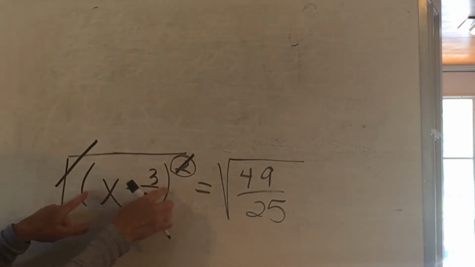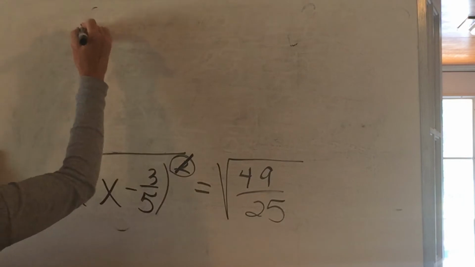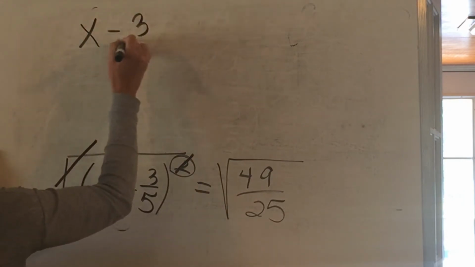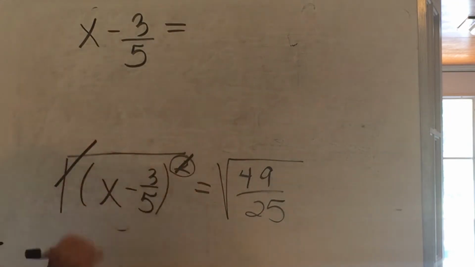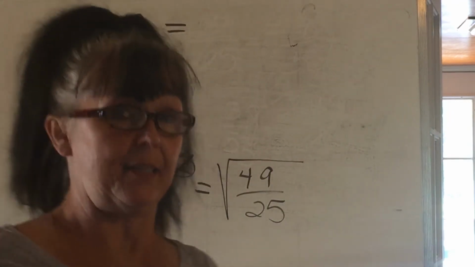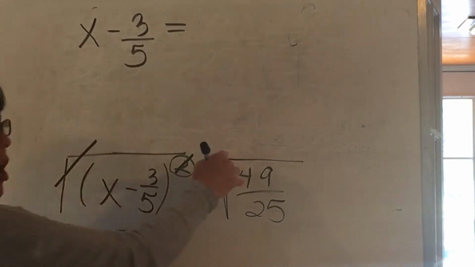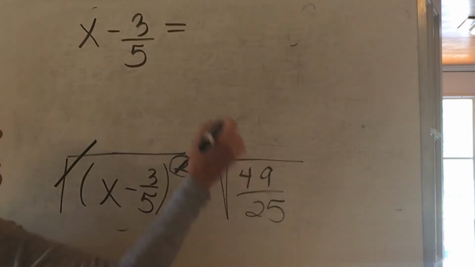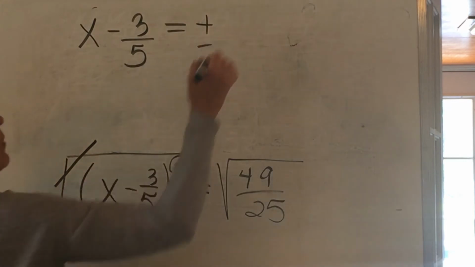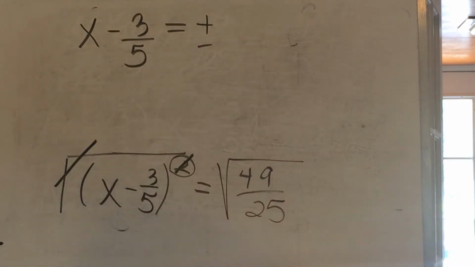Drop the parentheses. They have served their purpose. There's no need for them. Equal. Don't forget the plus or minus. Okay, so when you draw the square root sign, the next step is automatic. That's when you have to put the plus or minus.